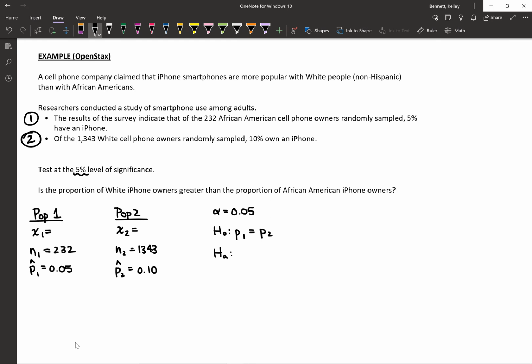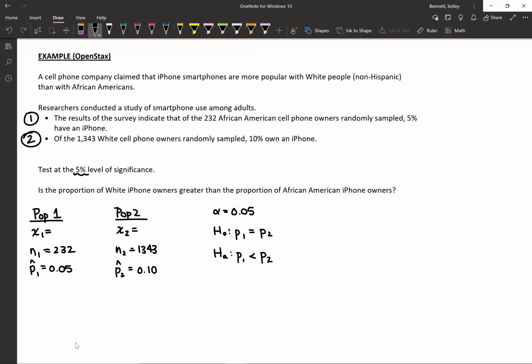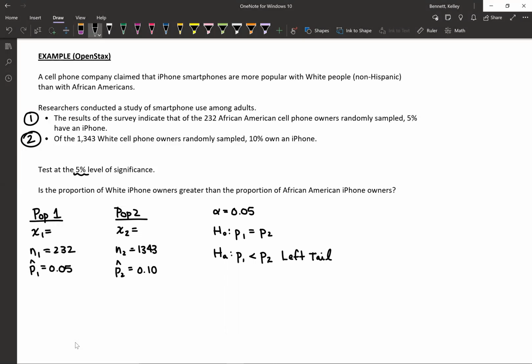So population 1, they're saying, should be smaller. The proportion of population 2 should be higher than the proportion of population 1. And so that tells us that we're going to do a left tail test. And now that we have all this information, we're ready to plug it into Excel.